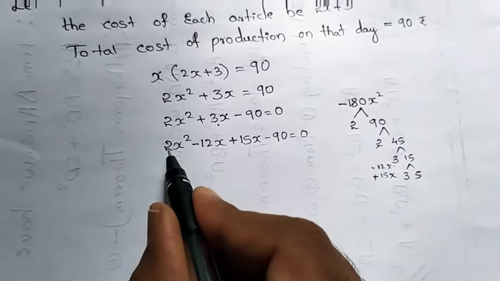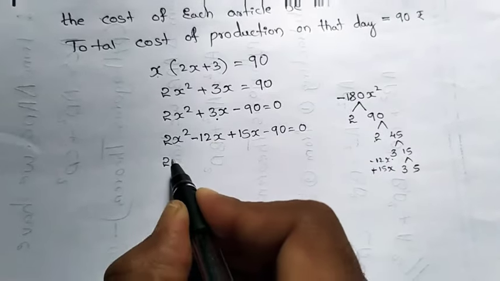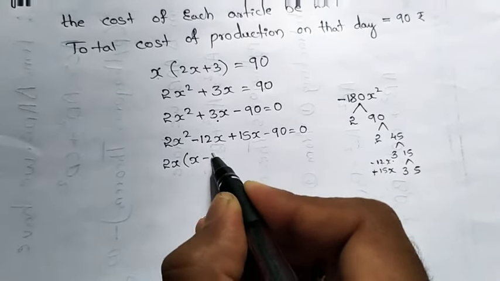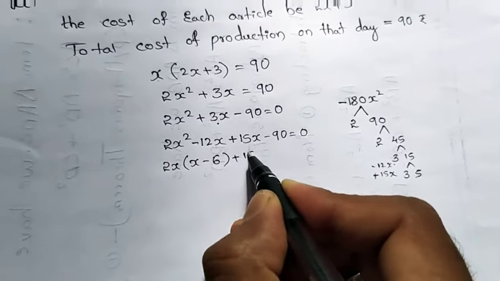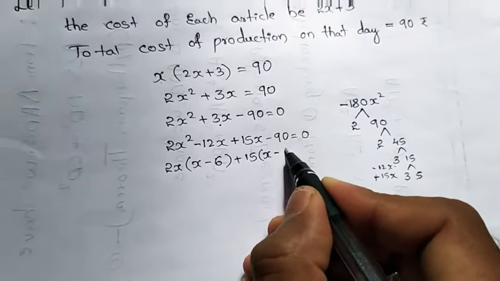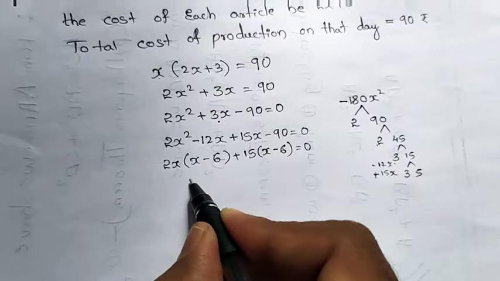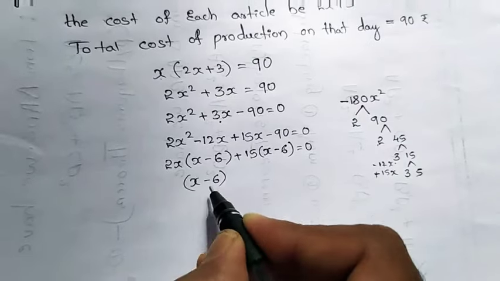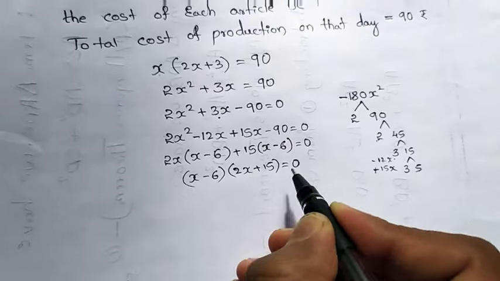Now take the common 2x from the first two terms, it will be x minus 6. And 15 I will take out from the rest, remaining x minus 6, because 15 times 6 is 90, equal to 0. x minus 6 and 2x plus 15 equal to 0.